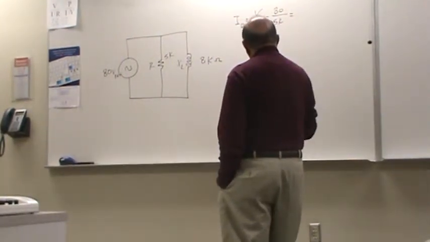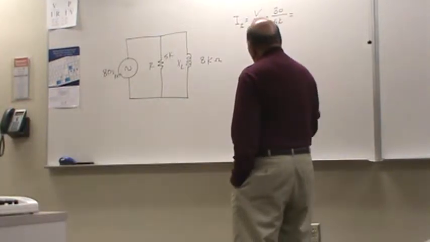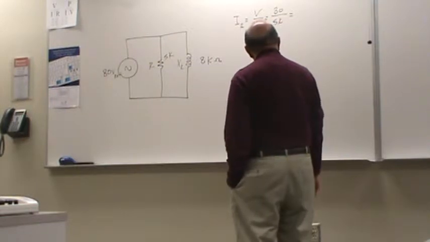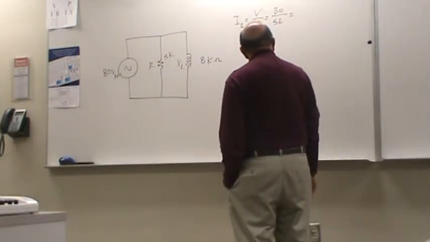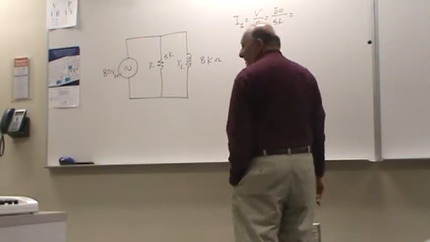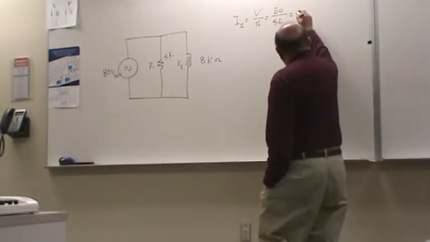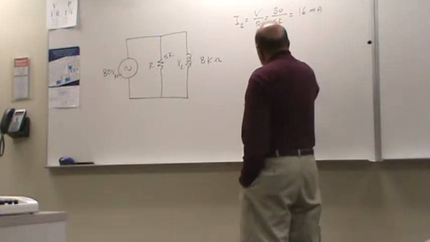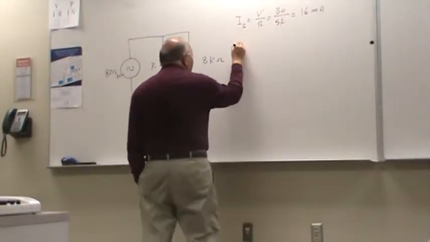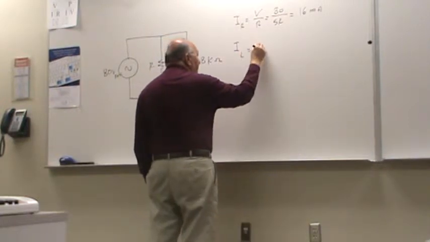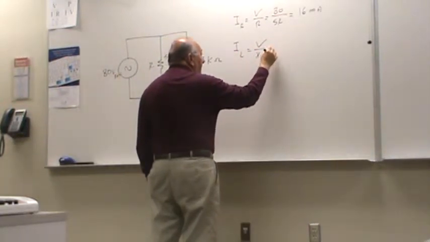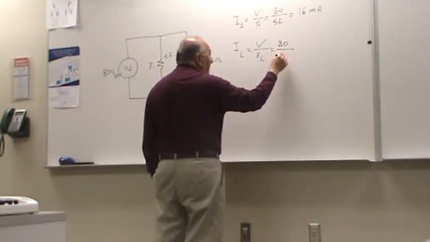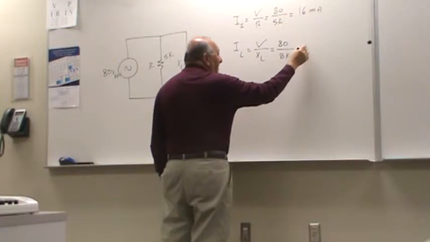How much is that? 16 milliamps. Now I can also find I sub L. I sub L is V over X sub L, 80 again over 8K. That's easy. That's 10 milliamps.